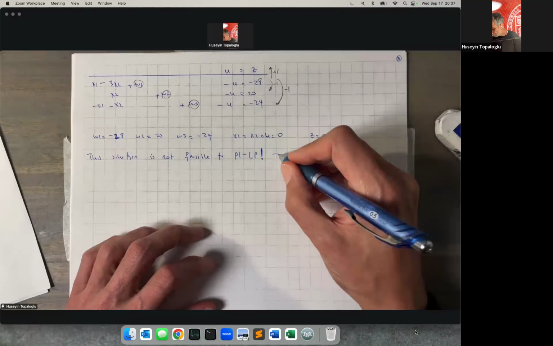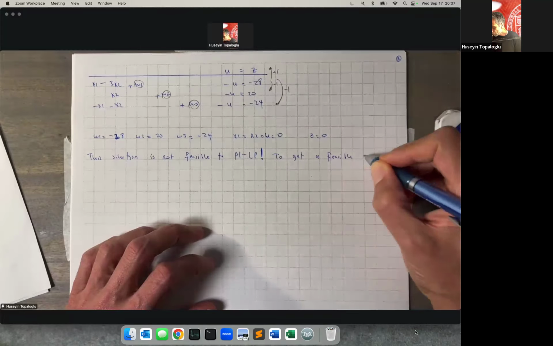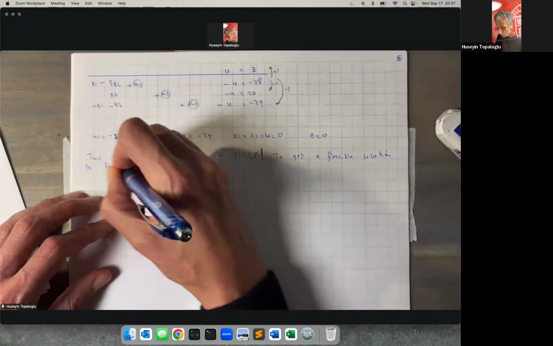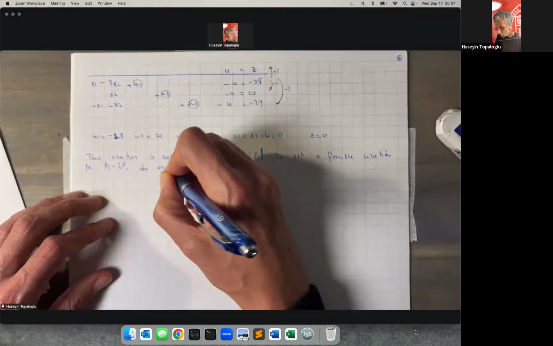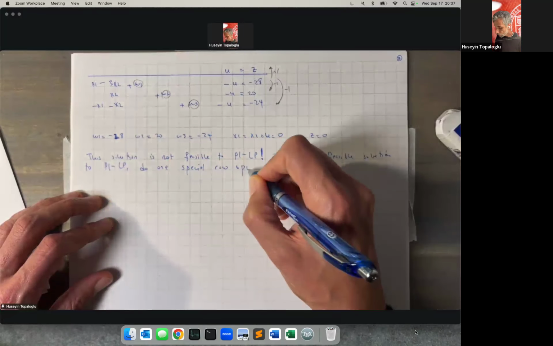To get a feasible solution to phase 1 linear program, do one special row operation.